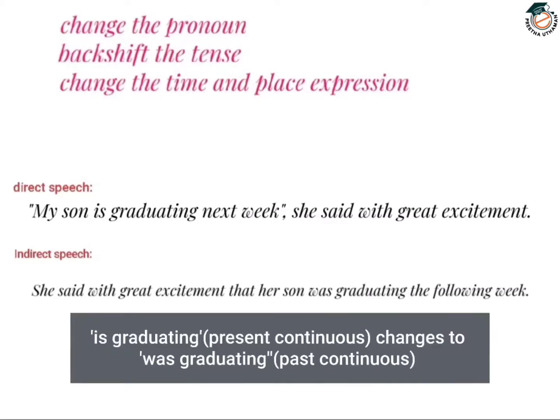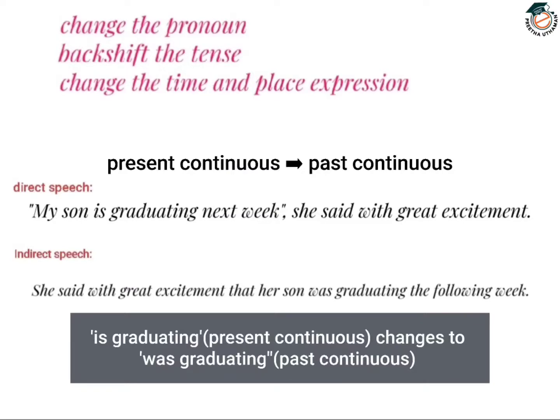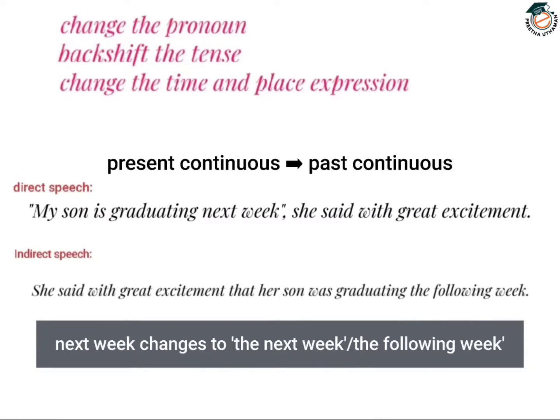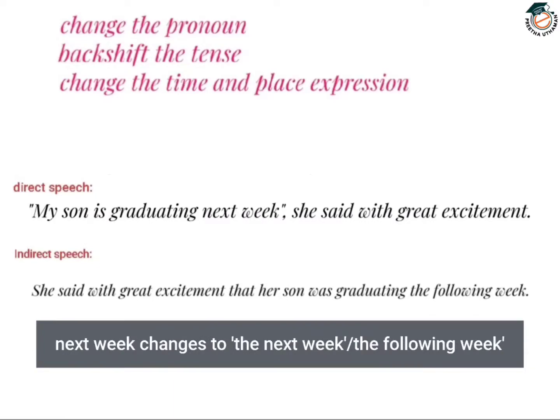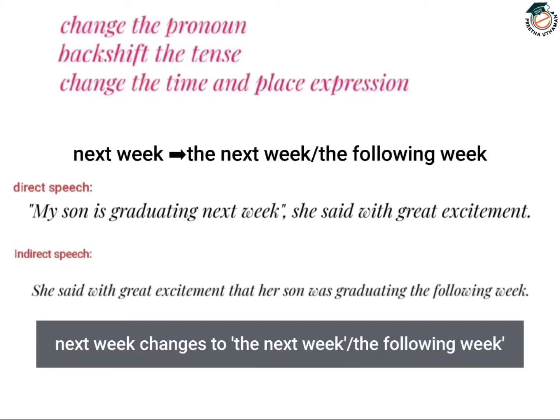Is graduating, present continuous, changes to was graduating, past continuous. Next week changes to the next week or the following week, that is change of time. It's a rule. So she said with great excitement that her son was graduating the following week.